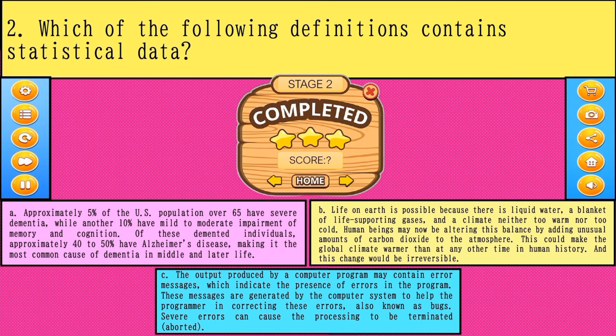This could make the global climate warmer than at any other time in human history, and this change would be irreversible. Letter C. The output produced by a computer program may contain error messages, which indicate the presence of errors in the program. These messages are generated by the computer system to help the programmer in correcting these errors, also known as bugs.